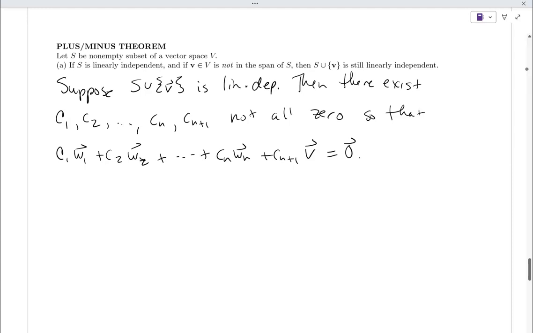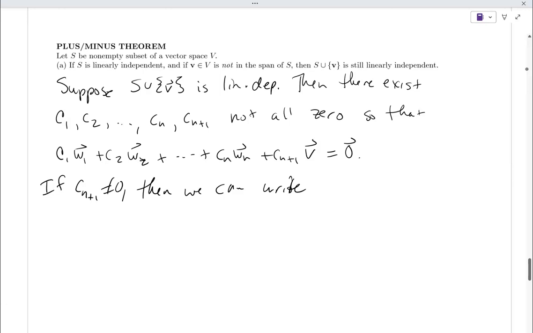Either this c sub n plus 1 number is 0 or it isn't. Those are your two choices. What happens if it isn't 0? What am I allowed to do with a number when it isn't 0 that I'm not allowed to do with it when it is 0? Divide. Good. If it's not 0, what can I solve for?